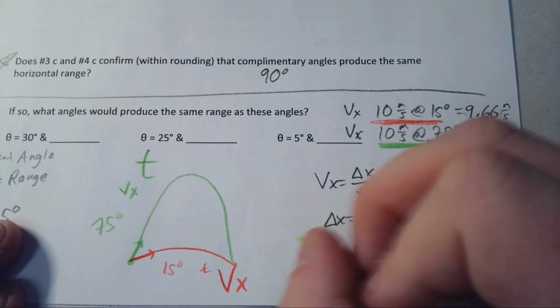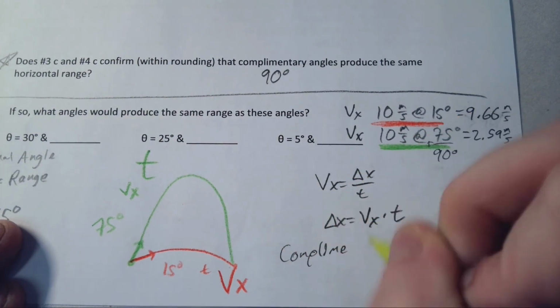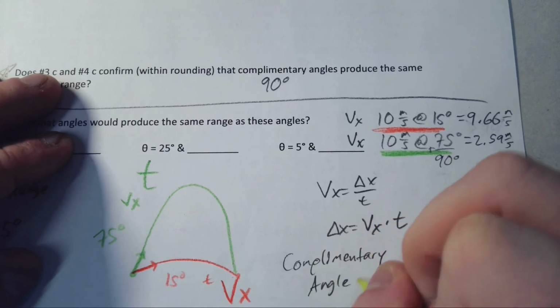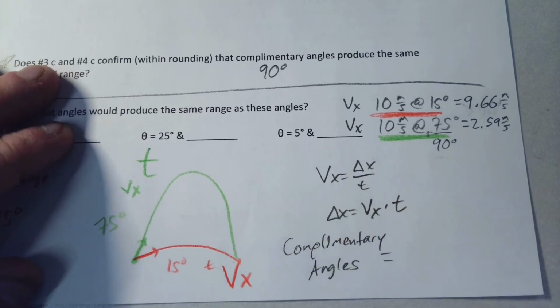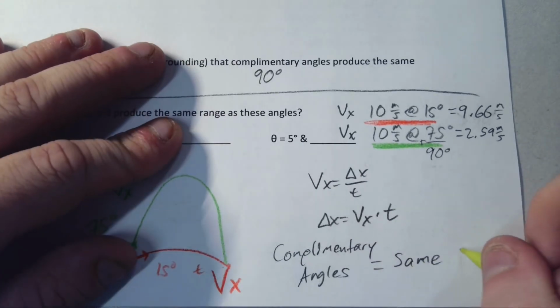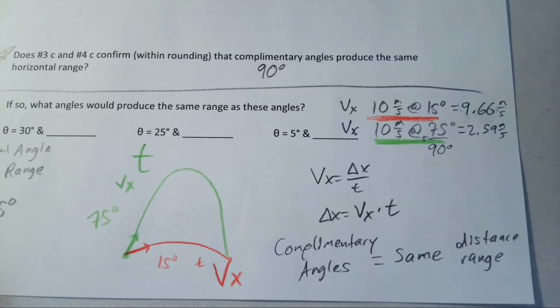So we say complementary angles will always have the same range, or same distance. Just one's going to be in the air longer than the other one.